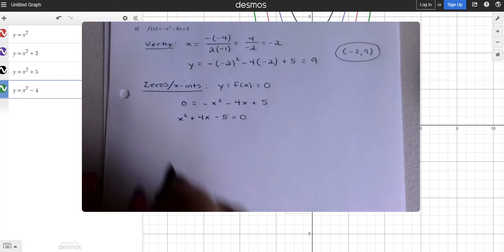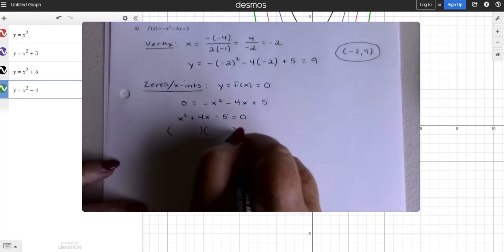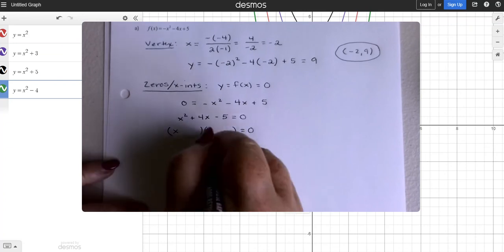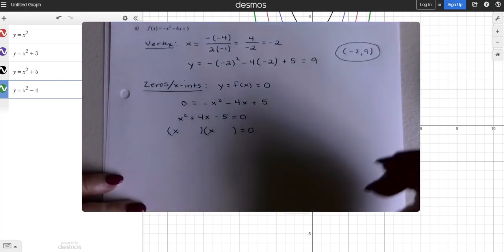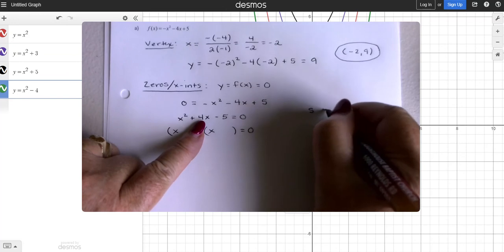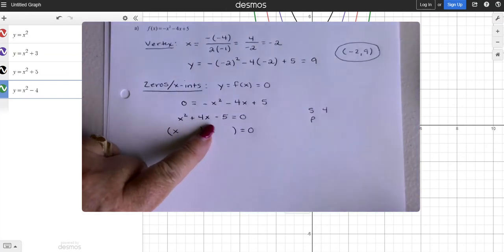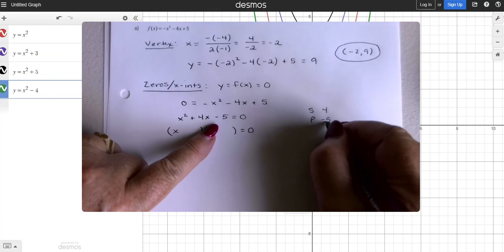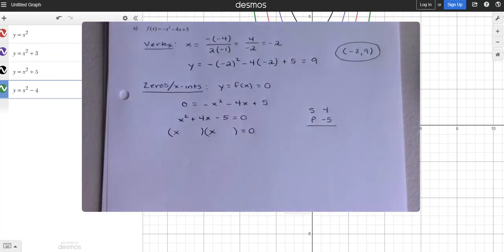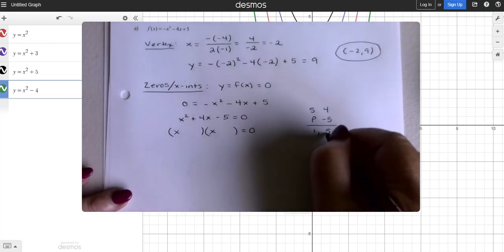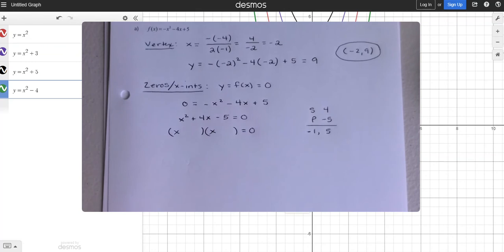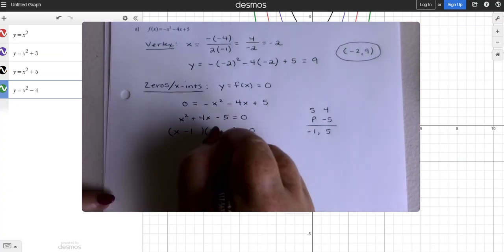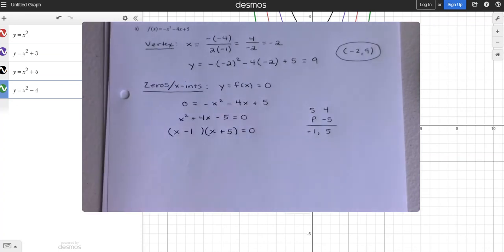All right. If this one factors, it's going to be a nice one because I just have 1x squared. So it has to be x times x. And I'm hoping I can find a sum of 4 and a product of -5. 1 and 5. If I make the 1 negative, then the product is negative, and that does indeed add up to +4. So x minus 1 and x plus 5 are the factors.